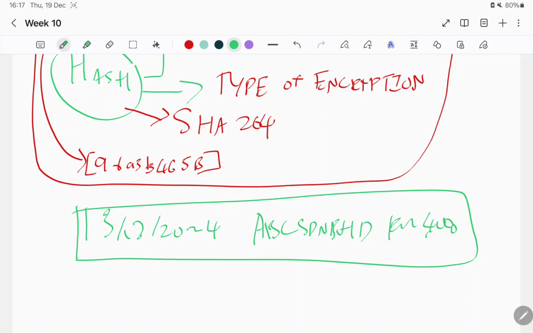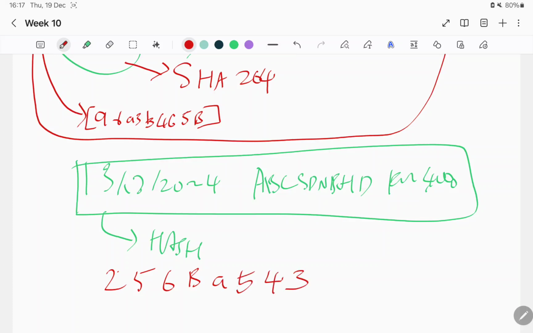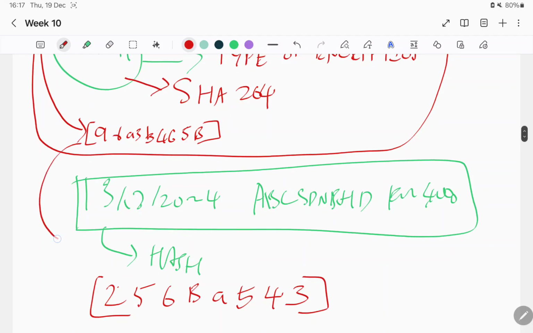Then over here, again, it will have a hash, generating another sequence, maybe 2, 5, 3, A, something like this. But it will also include the previous block's hash, so that it is a chain.